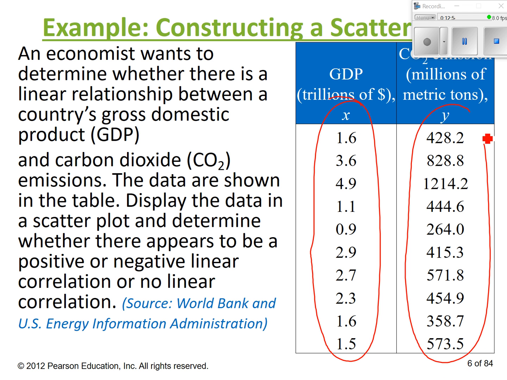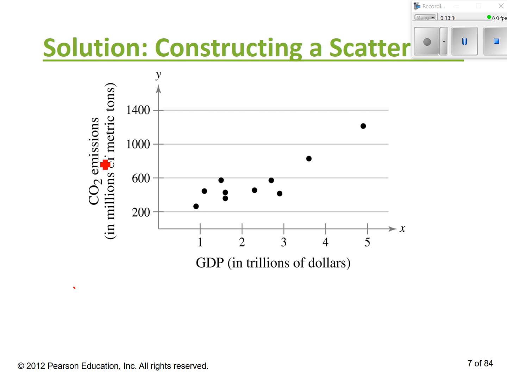That's your Y's. We're trying to decide whether, as the gross domestic product goes up or down, what happens to the amount of carbon dioxide that that country produces. So we have all those, and we can graph them. We graph them and it looks like this. Remember your GDP, that's your independent variable.